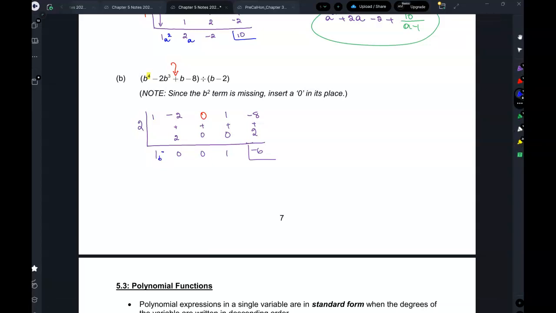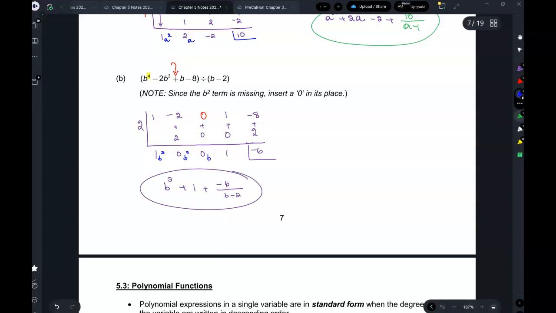So here I get b cubed, b squared, b to the 1, and no variable. So I have 1b cubed, 0b squared, 0b. I don't write that. Plus 1, and then plus negative 6 over b minus 2. So whenever you get a 0 here, you just skip it.